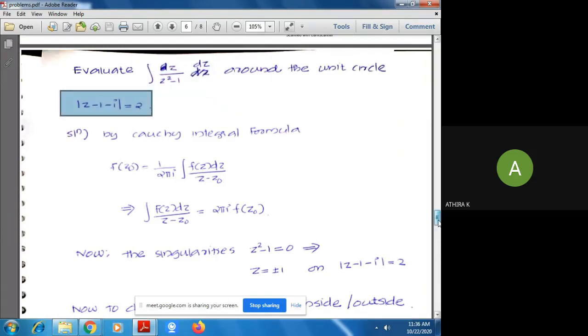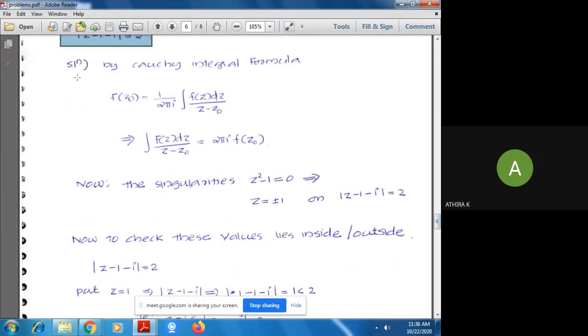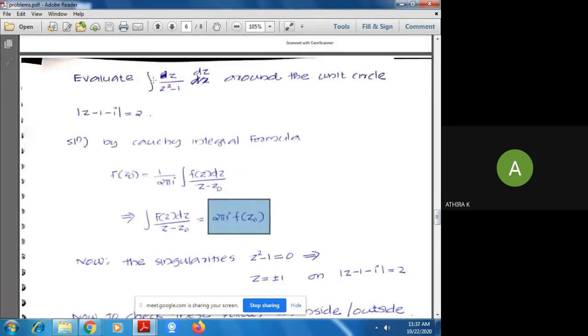So by our Cauchy's integral formula, we know that f of z naught is equal to 1 by 2 pi i times the integral of f of z dz divided by z minus z naught. This implies the integral of f of z dz divided by z minus z naught is equal to 2 pi i into f of z naught. Now consider our equation here. z square minus 1 is in the denominator.